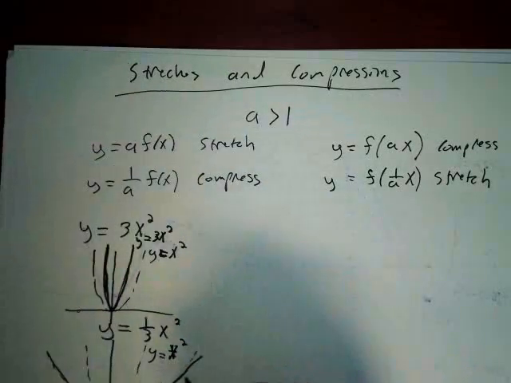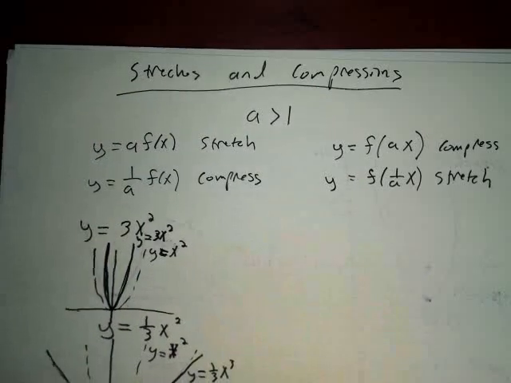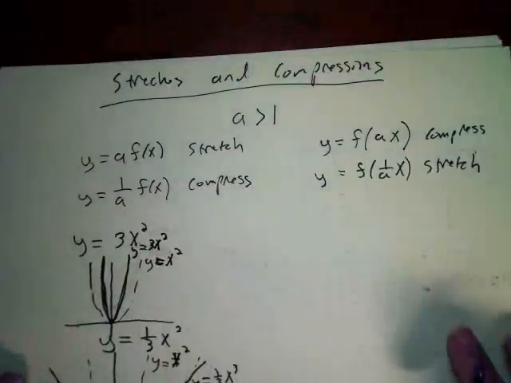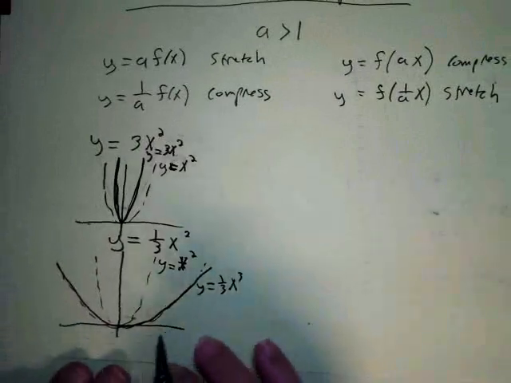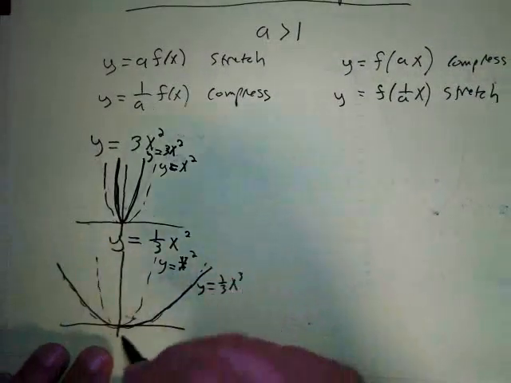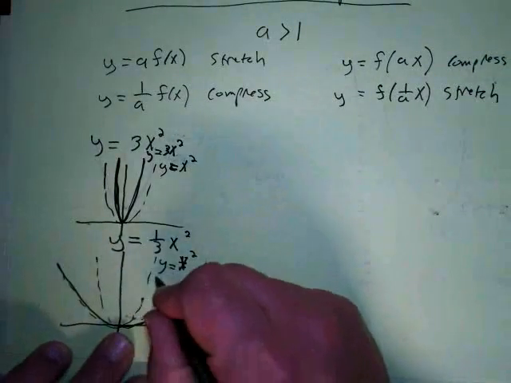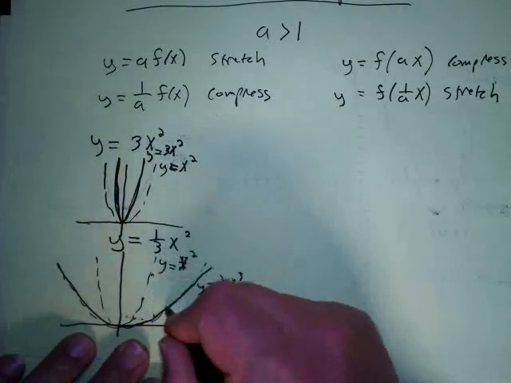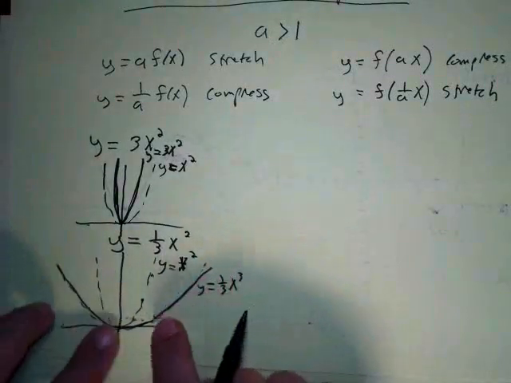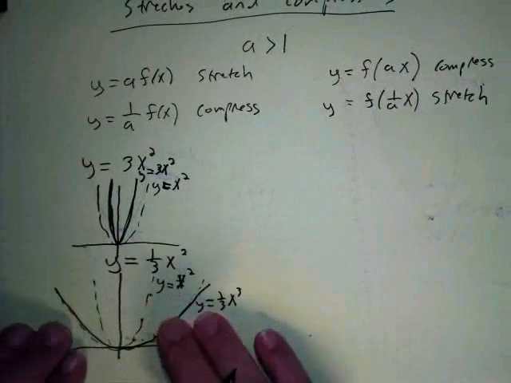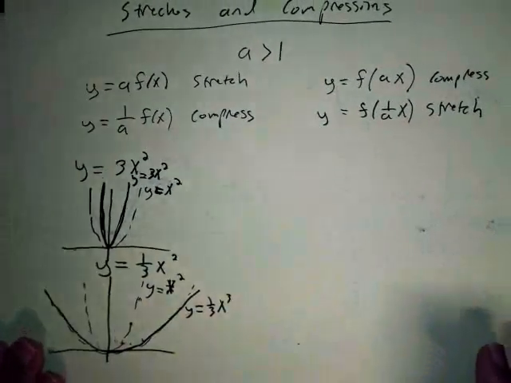It's squashed down. The reason is that each one of these y values is 1/3 of what it was before, and so that compresses it down.